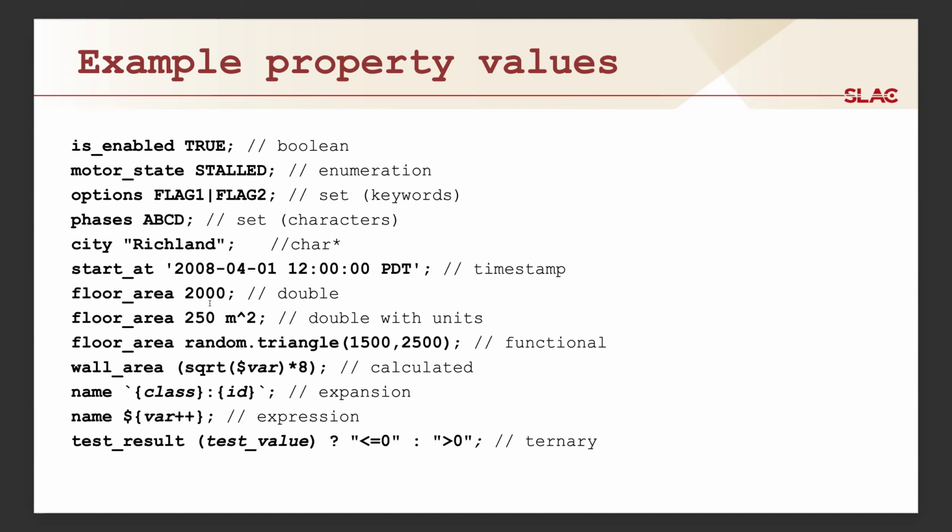Here's a double value, floor area, which can be set either by providing the number, assuming you know what the units are and you are using the same units. If you're uncertain what the units are, or you want to be absolutely certain that the value you're providing is converted correctly, you simply provide the units.